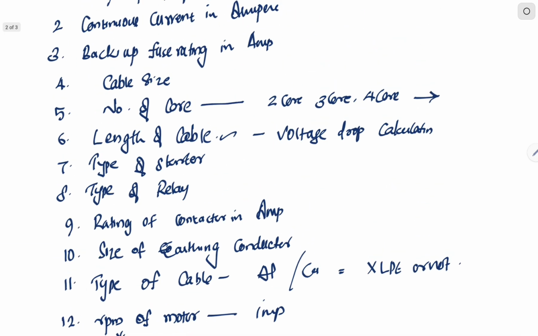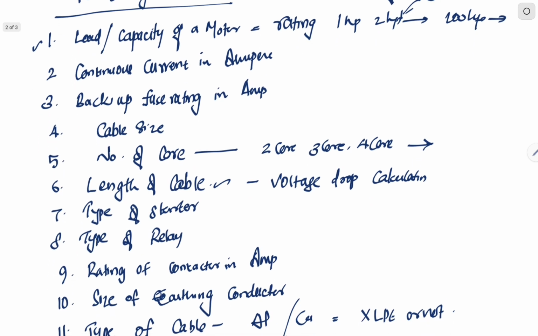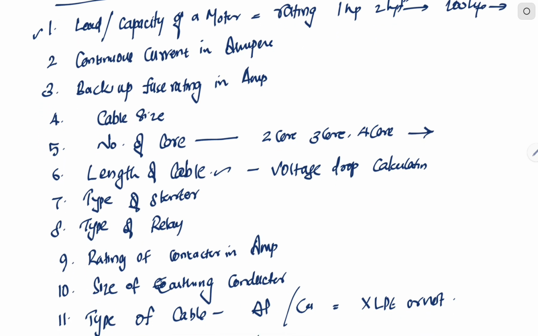In this way, for every motor, we have to understand the load or capacity of the motor, rating of the motors, and the continuous current, how much current it will take during the normal running time, and based on that, a backup fuse rating has to be selected, and the cable size also has to be selected.